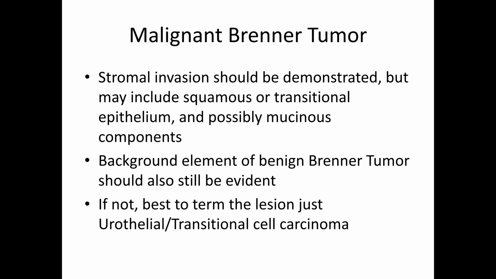Malignant Brenner tumors, a little bit more widely studied or reported. We should see stromal invasion, and then probably still some element of a benign Brenner tumor to validate that we have this and can call it a malignant Brenner tumor. Otherwise, I think just a urothelial or transitional cell carcinoma is a better term.